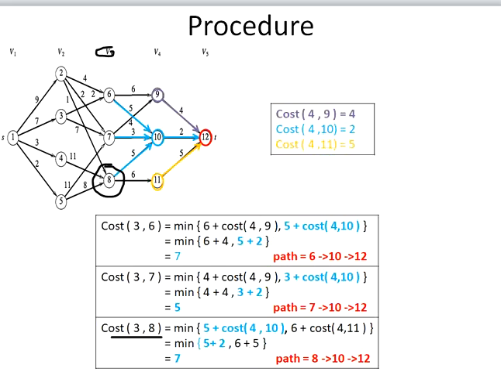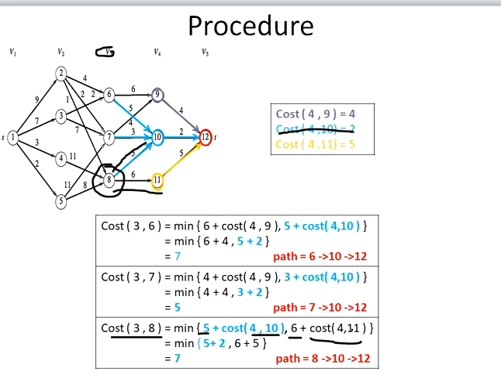So here, 5 is the present state. 8 to 10 is 5, plus the cost of 10. From 10 to 12 we know that the cost is 2. Next, 8 to 11 is 6, plus the cost of 11.